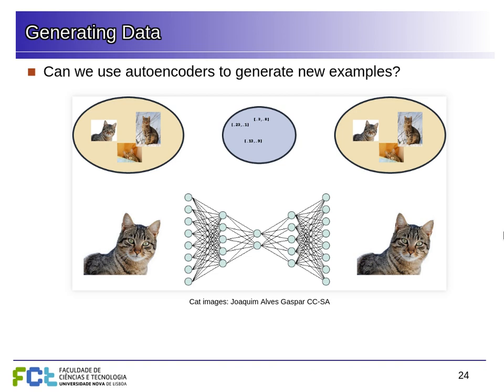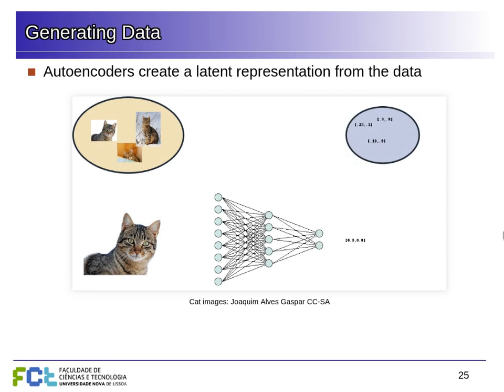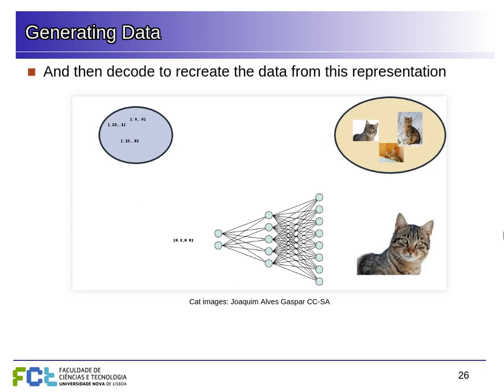So in theory, we could use one example from this latent space, and it would create the corresponding image.